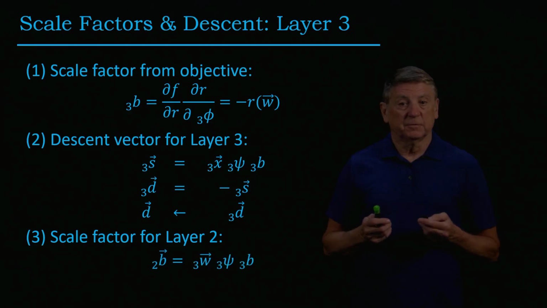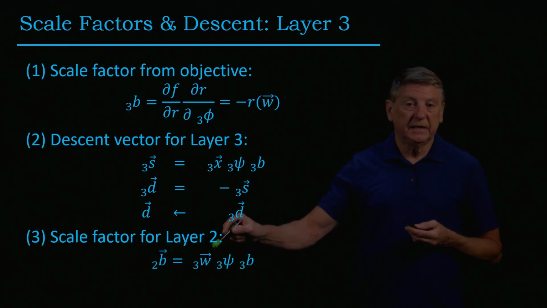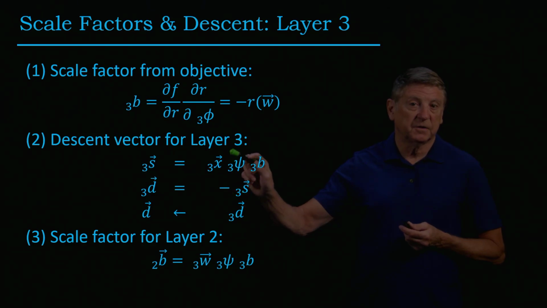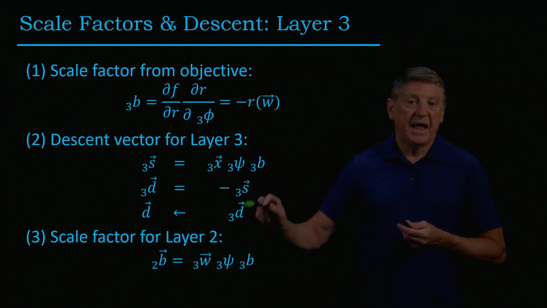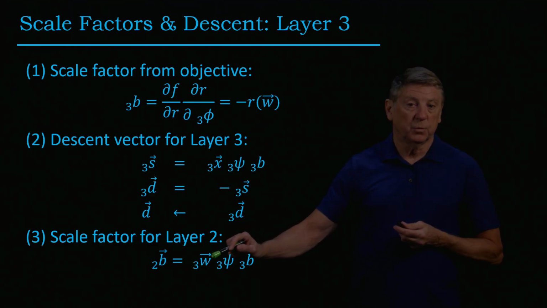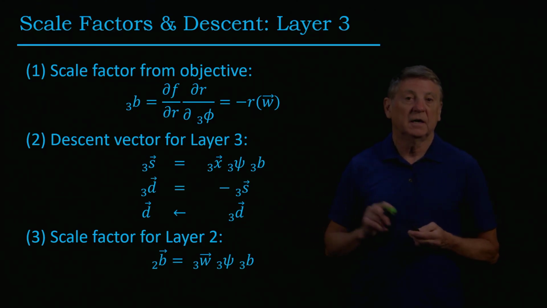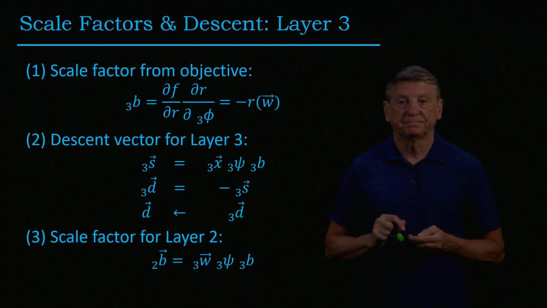So the scale factor for layer 2 is, now it's not the same as the steepest vector. The steepest vector involves the input and the scale factors involve the weights, but they're both scaled by the derivative of the response and what we got from the objective function.